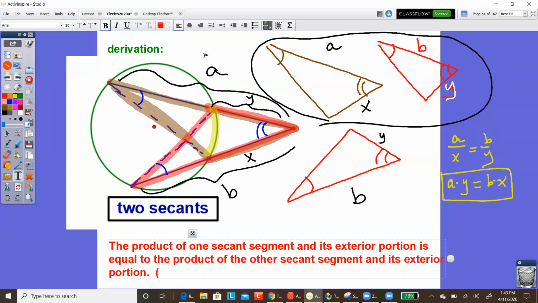The way that I would always tell my kids to remember is the whole thing times the outside piece equals the whole thing times the outside piece.